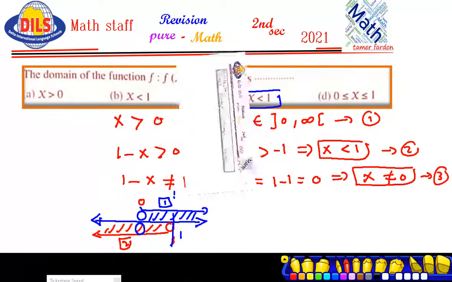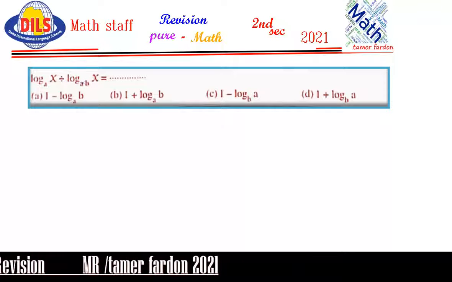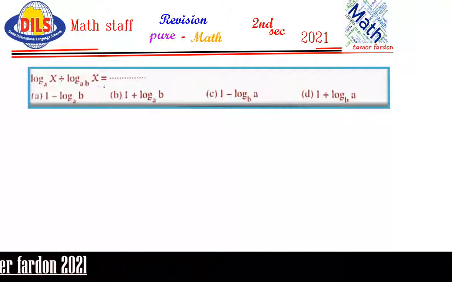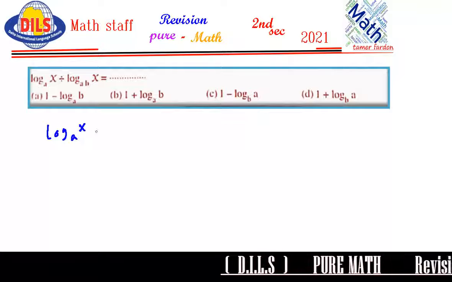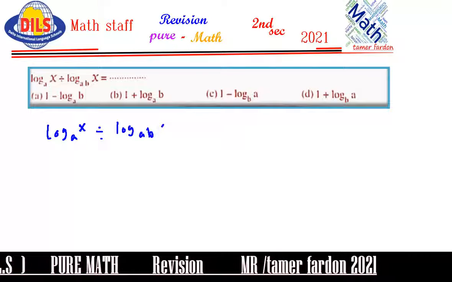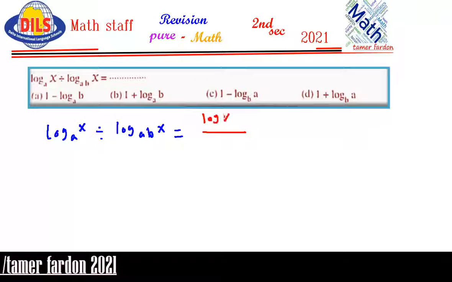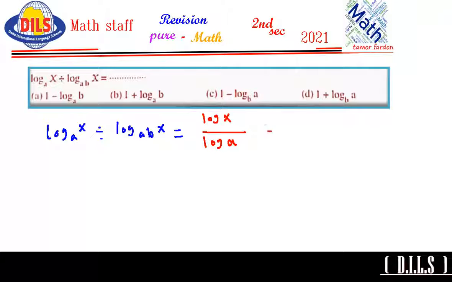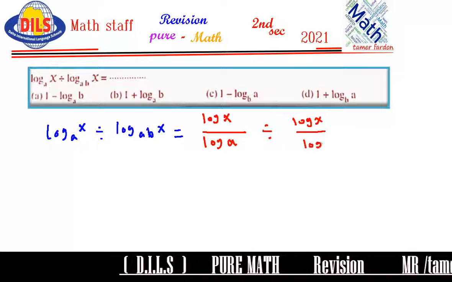The next, log a of x divided by log ab of x equals what? We know that log a of x divided by log ab of x equals log x over log a divided by log x over log ab.